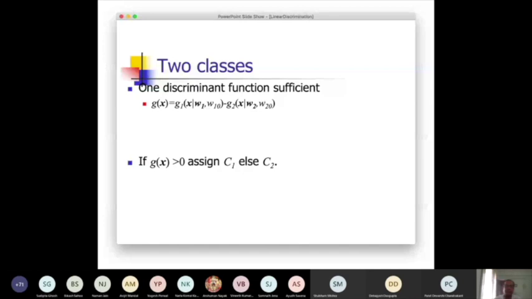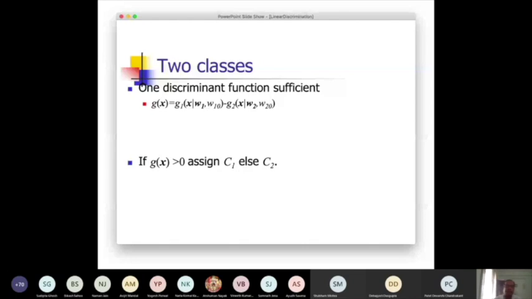If you assume that your discriminant functional values are positive, as I mentioned in the very first case, then you assign the feature vector to the class where the functional value is maximum, that means the greater among g1x and g2x.